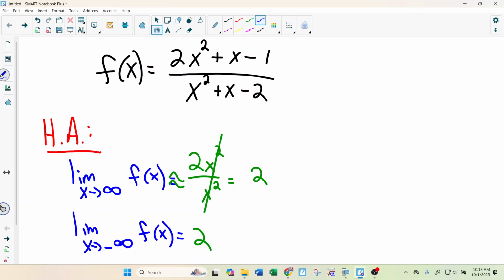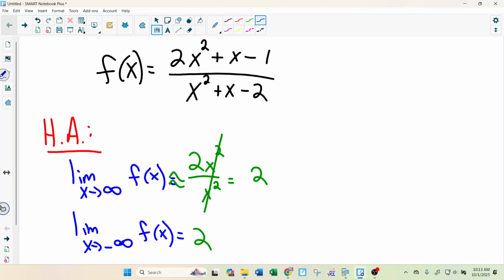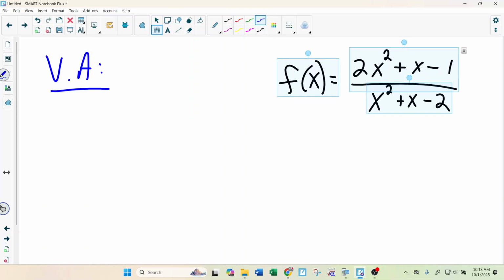So that's horizontal asymptotes. How do we do vertical asymptotes? So if we want to find our vertical asymptotes, we take our function, and how do we find vertical asymptotes?